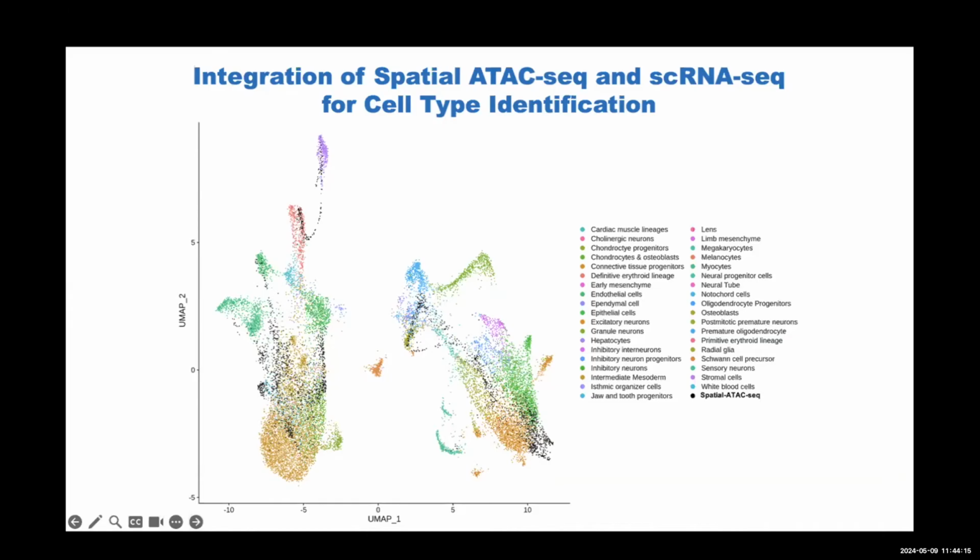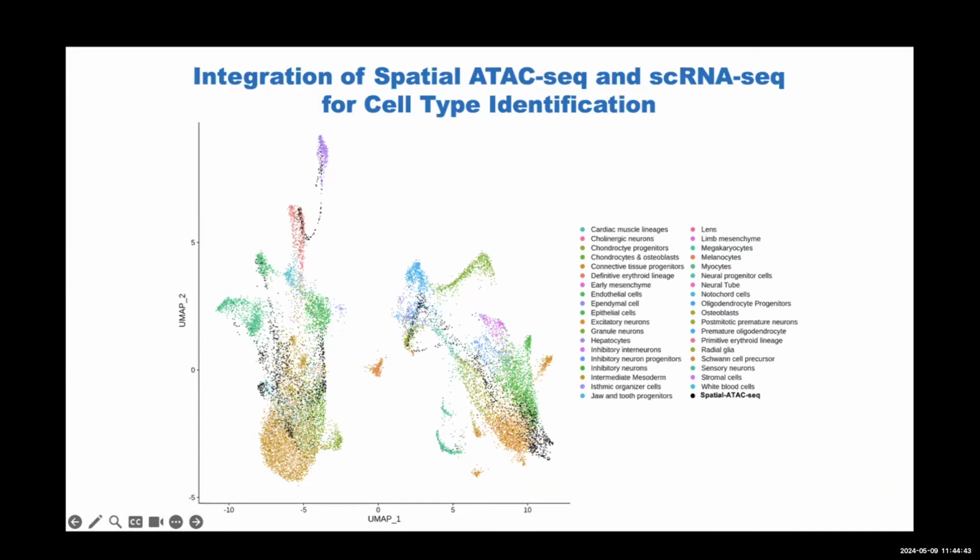For example, here, if you see those red dots corresponding to our spatial ATAC pixels overlap with this orange cluster, or those red dots overlap with the green cluster, you know the dominant cell type in those red dots is determined by this particular cell type.